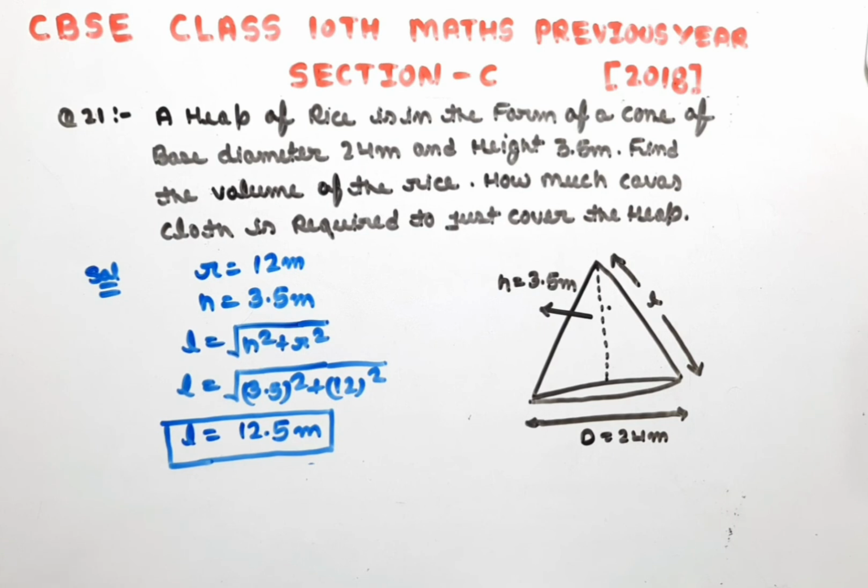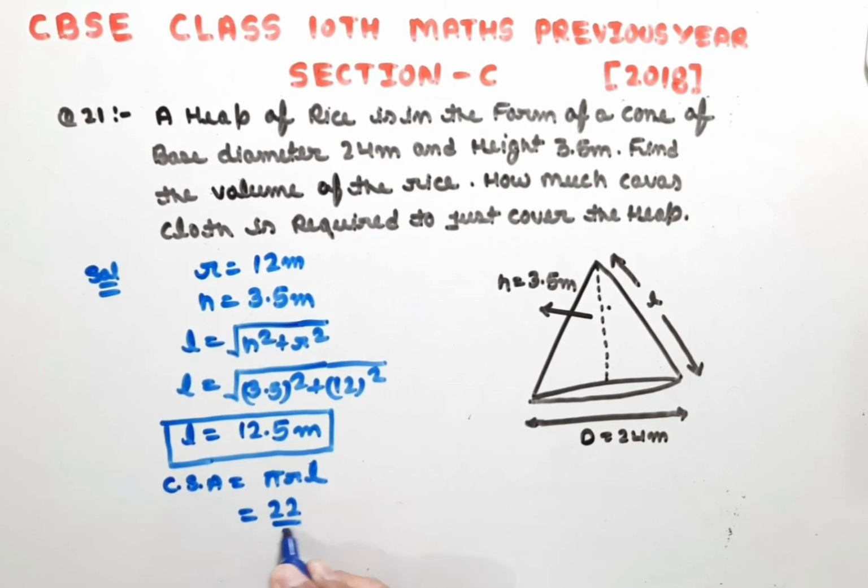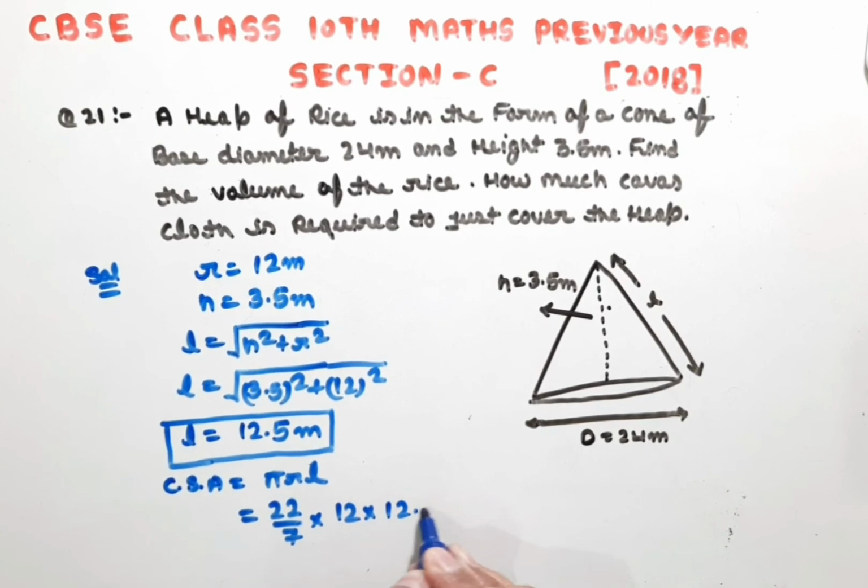Now, canvas cloth required to just cover the heap will be equal to the curved surface area of cone. So, curved surface area is given by pi r l. So, pi 22 upon 7 into r, that is 12, into l, that is 12.5.